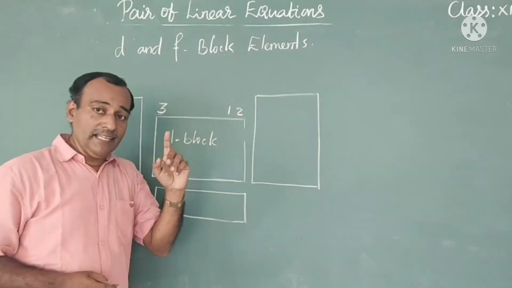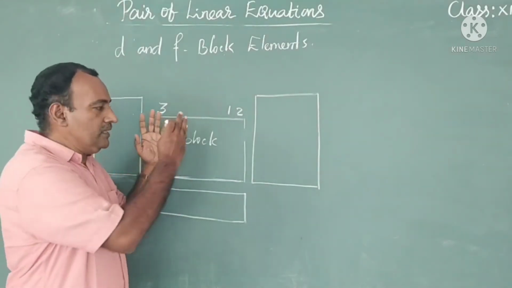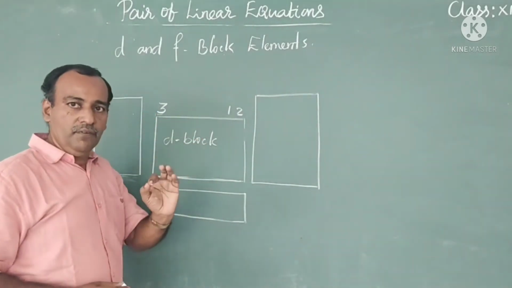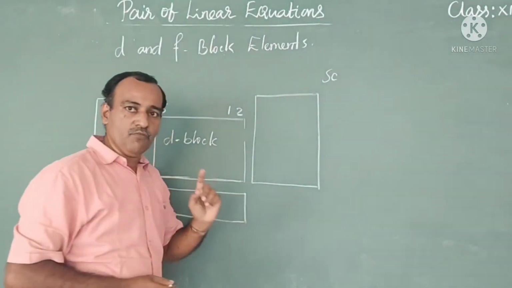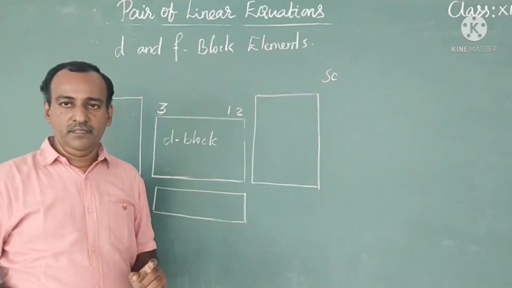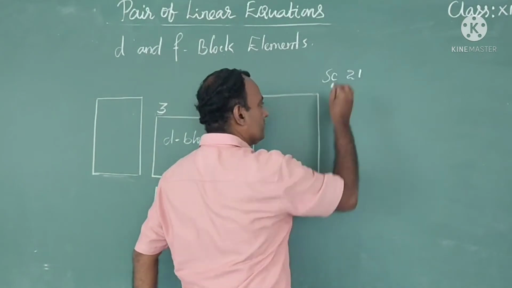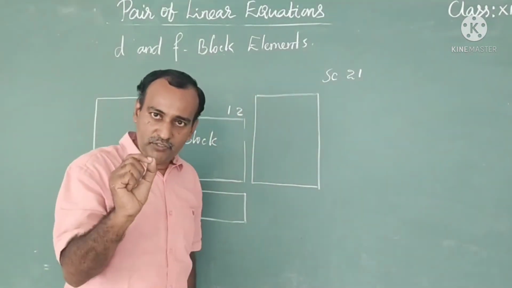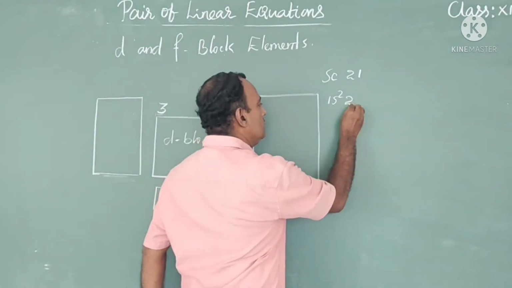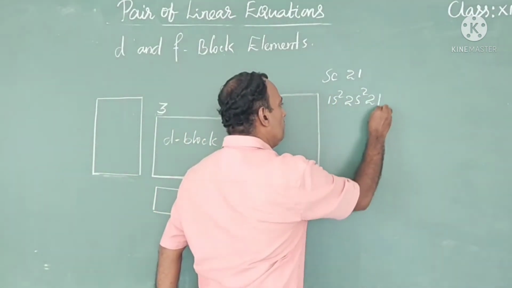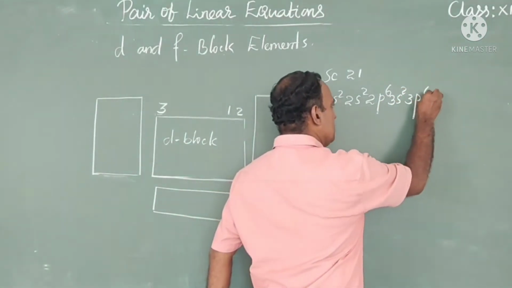If you write the electronic configuration of any one of the elements present in this area, for example, scandium, which is one of the D block elements whose atomic number is 21, it is 1s2, 2s2, 2p6, 3s2, 3p6.